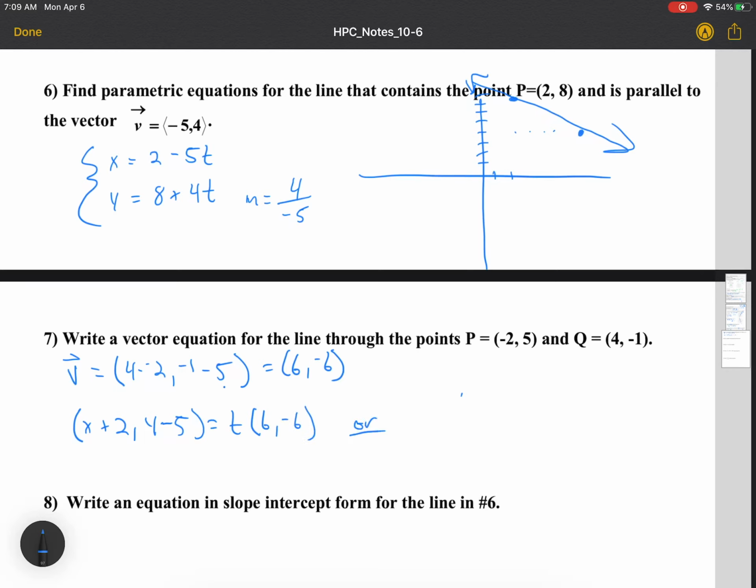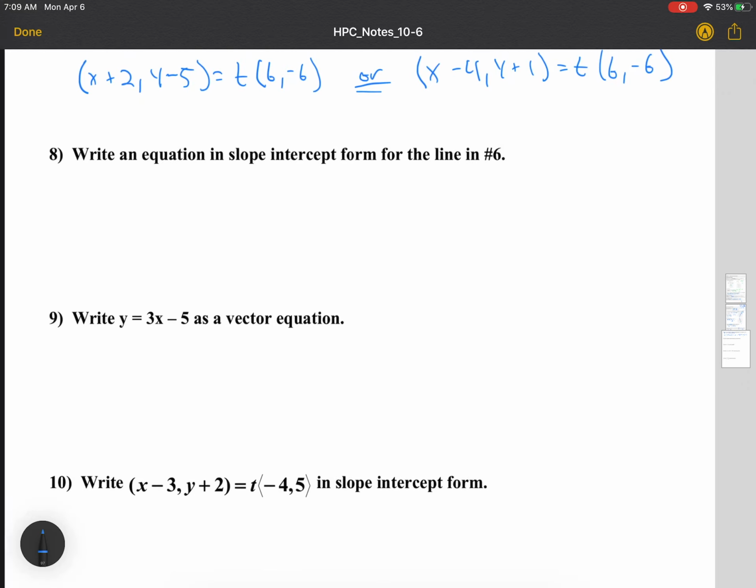Or you could have the 4, negative 1 point. Either way, it's the same thing. The point can change. There are infinitely many points on that line, right? As long as the vector is the same, the vector tells you the slope, and the point tells you that it's somewhere on that line. So you could find any point on that line and plug it in.